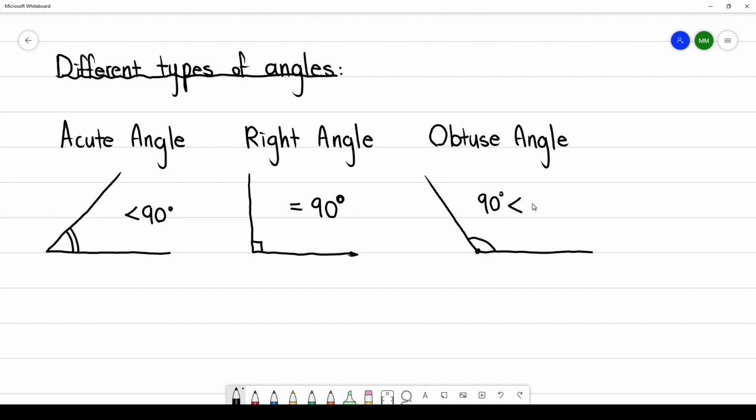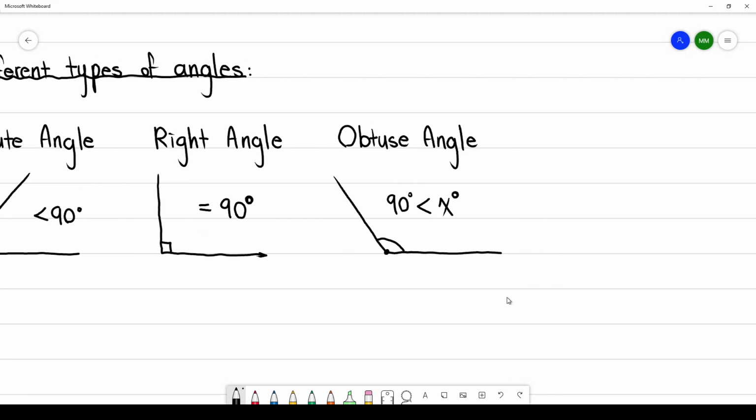So let's say this is angle X. So you still need some algebra here, but mostly geometry. So it's bigger than this angle, but it is smaller than 180 degrees.